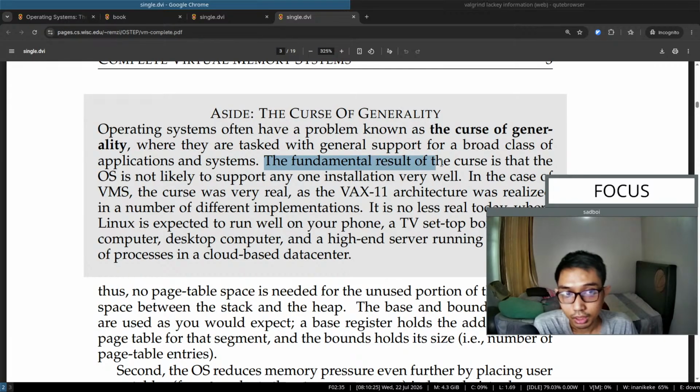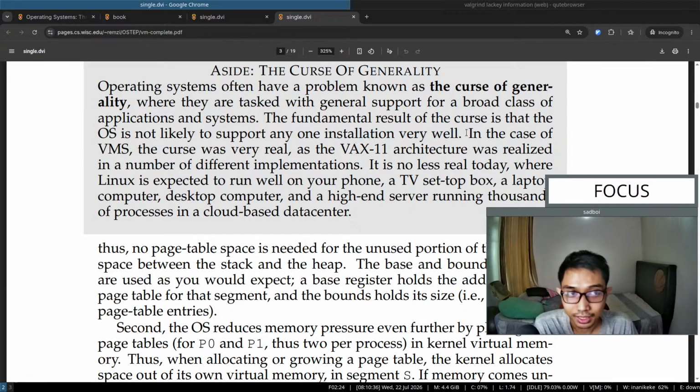The fundamental result of the curse is that the operating system is not likely to support any one installation very well. In the case of VMS, the curse was very real.